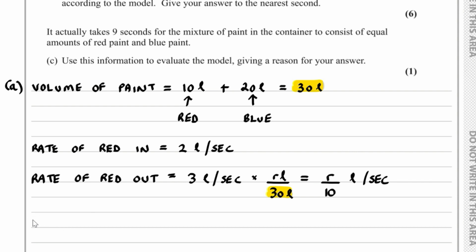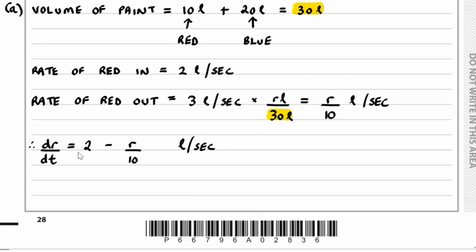And so therefore, dR over dt, we have in, which is 2, out, which is R over 10. So the rate then is 2 minus R over 10 litres per second. Alpha is therefore equal to 10.